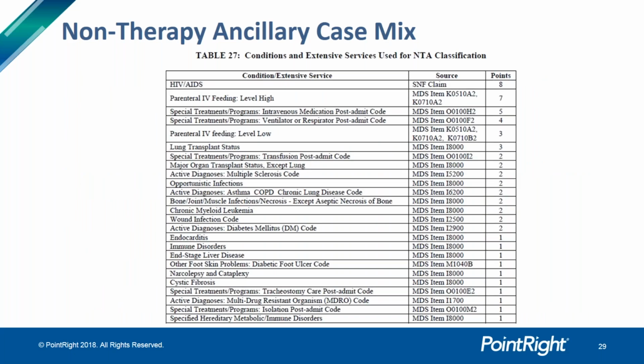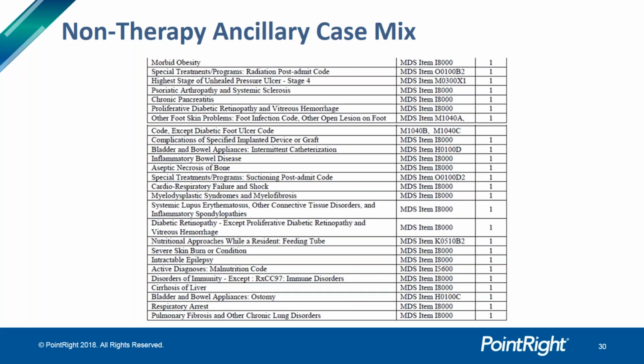Here is the case mix, and what you'll notice is that, number one, where's the information coming from? It's coming by and large from the MDS, with the exception of the designation of HIV or AIDS. So they want to make sure that that's on the claim. And then there's this concept of points. For each of these NTAs that a resident may have, we total up the count, and then that total segregates them into the case mix buckets, as it were.